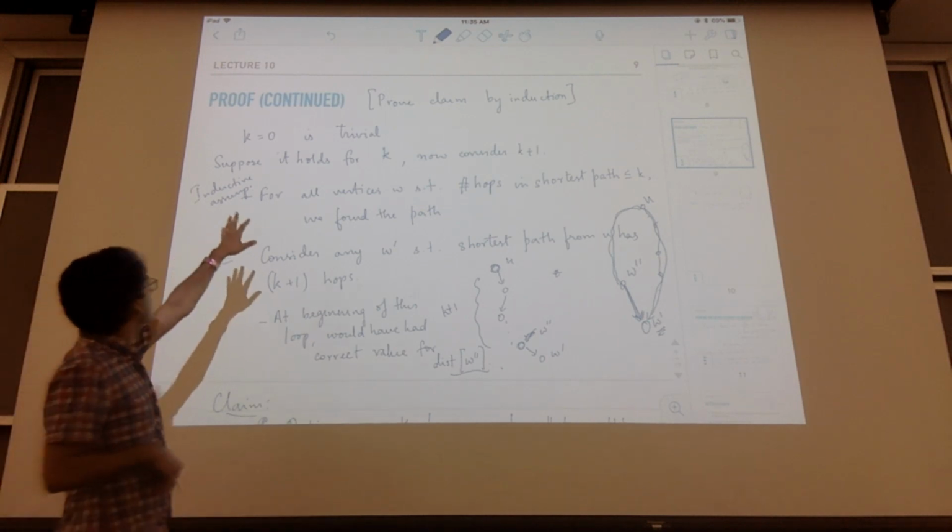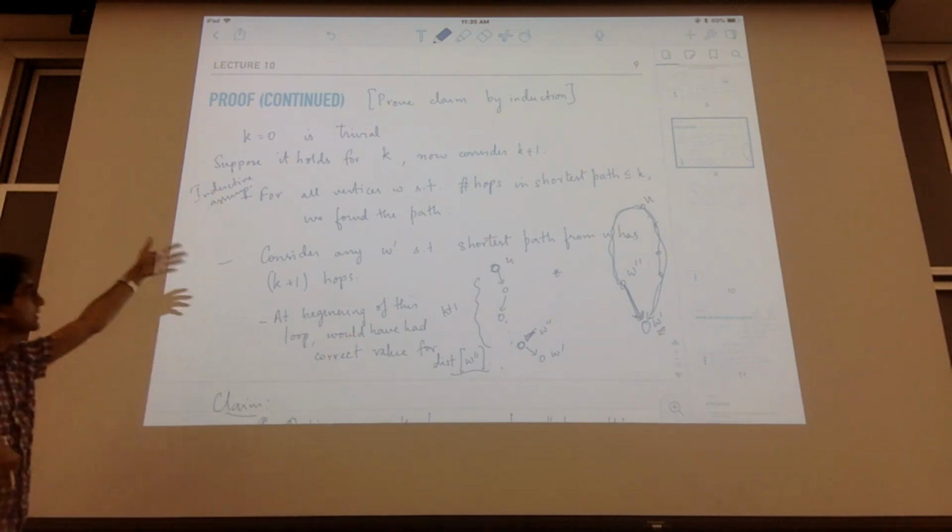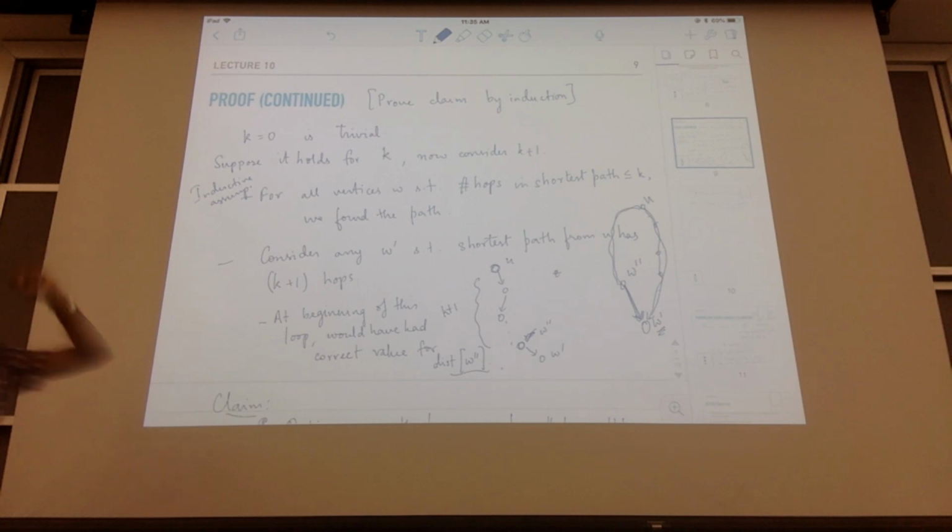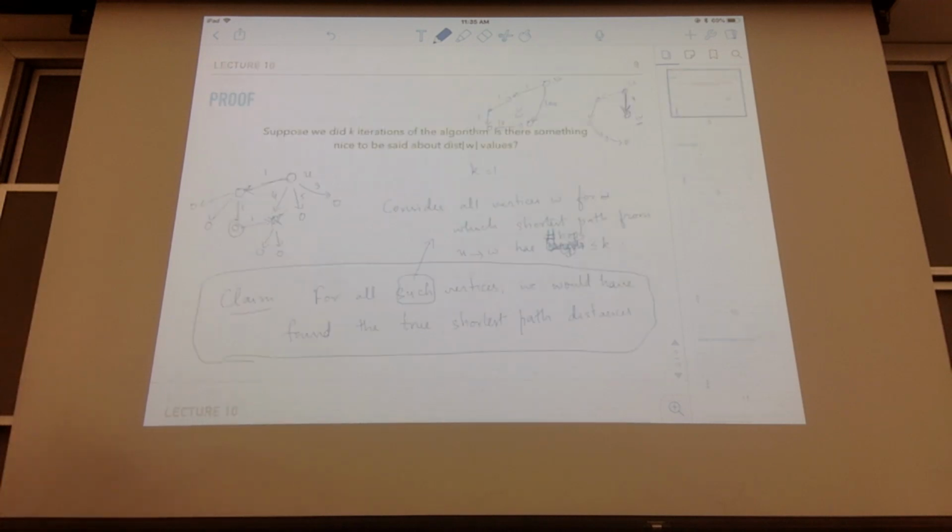So it turns out that our claim that we had, which is after k iterations, for all the vertices that had a shortest path using k hops, you would have found the shortest path. That is true no matter what, even if you had some negative weights.